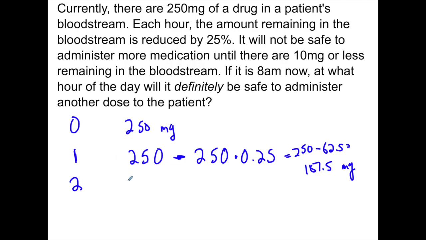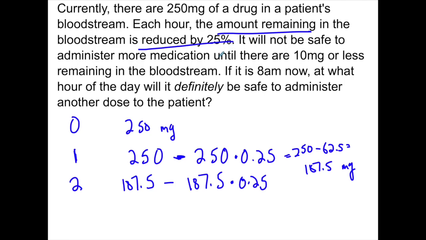So then if we think about after 2 hours, we'd have the 187.5 that we started with, minus 25% of what's currently in the bloodstream, right? The amount remaining is reduced by 25%. And this, right now, happens to be the amount remaining.